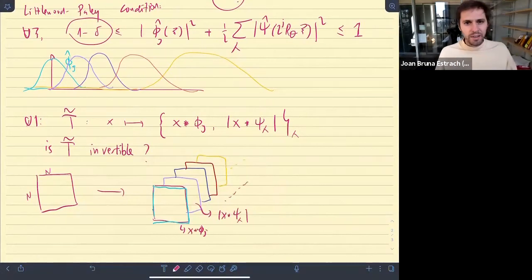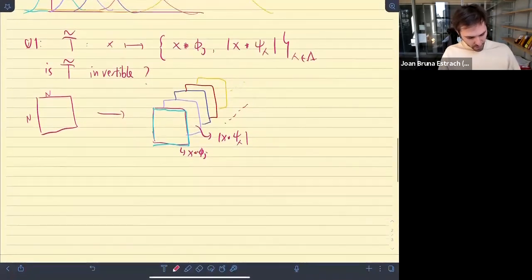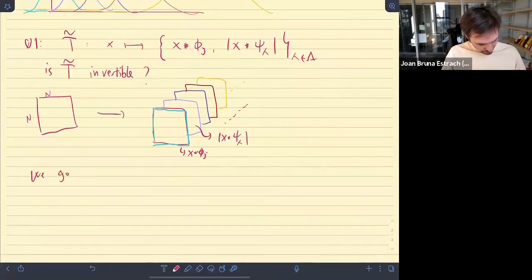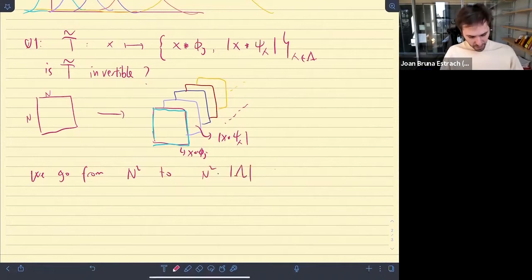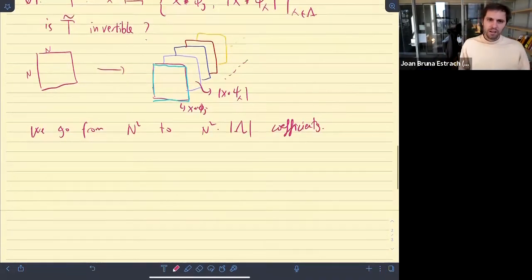Okay, so here we are really in the business that we go from n squared to n squared times lambda coefficients. And now what is the question of inverting?